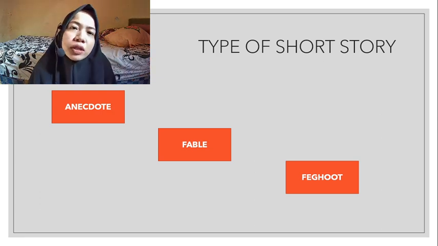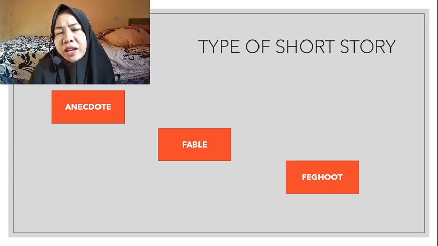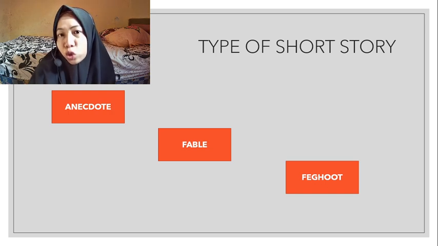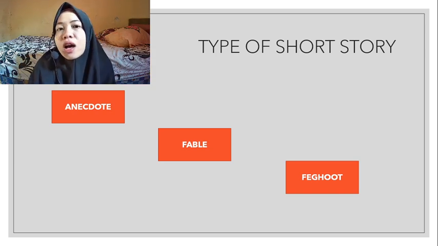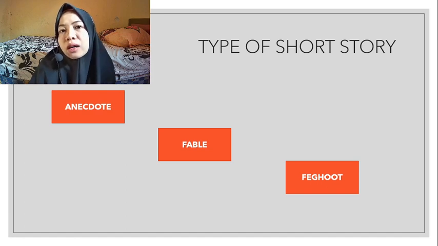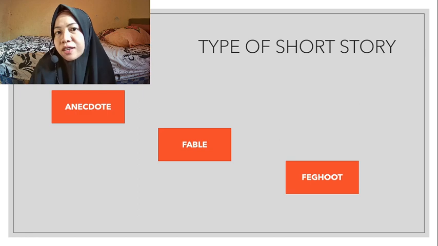This is about the illustrations of plants, animals, and other objects other than humans. So this is not the real one, okay? And the last one is the fake hood. This is the famous one because it is a kind of joke story. It is a very humorous based short story. So if you want to make any jokes or humorous short story, you can call yours a fake hood.